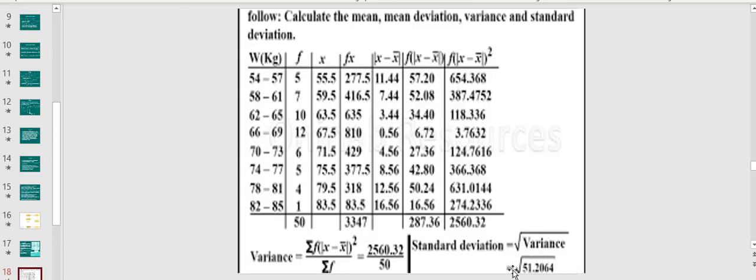When we take the square root of 51.2064, we will get the standard deviation, which is equal to 7.155. 7.155 is the standard deviation of this given set of data.